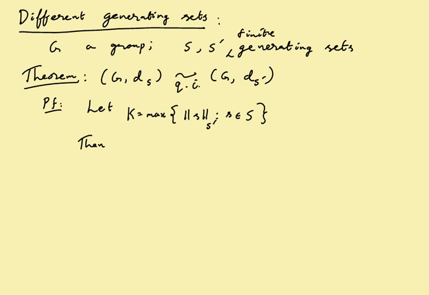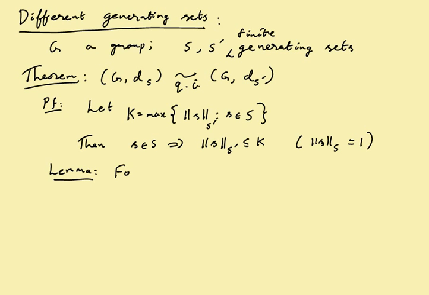So this means that s in S implies that the norm of s with respect to S prime is less than or equal to K. But recall that the norm of s with respect to S is equal to 1. So for generators, at least, when the S norm is 1, the S prime norm is at most K. So you can guess from this that we are scaling up by K.